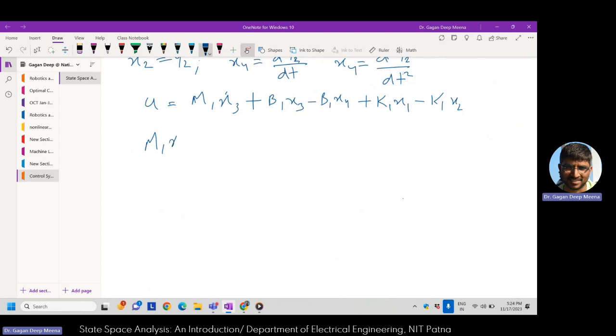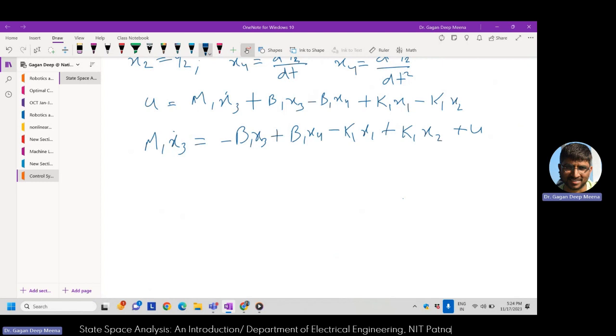We will do a little bit of reshuffling, and then we have m1 x3 dot equals minus b1 x3 plus b1 x4 minus k1 x1 plus k1 x2 plus u.